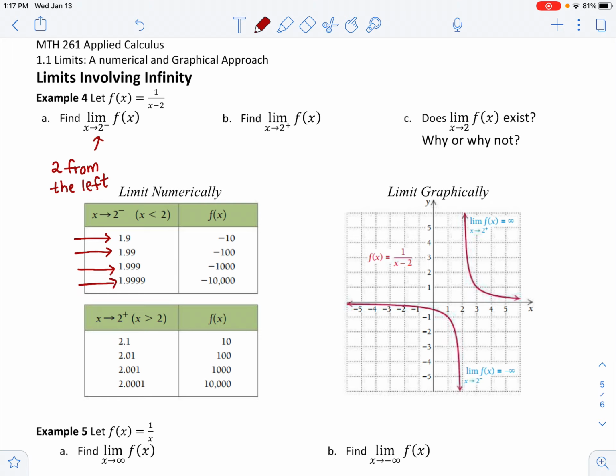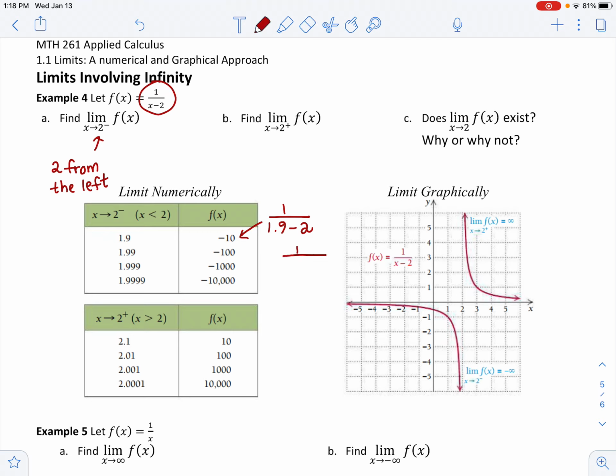Now, if you plug in, and it's not magic, I really just plugged in those numbers into the function. The function is 1 over x minus 2, so if you evaluate 1 over 1.9 minus 2 and get the decimal value, that is negative 10. But seeing only one number does not really help, because we want to see a pattern, right?